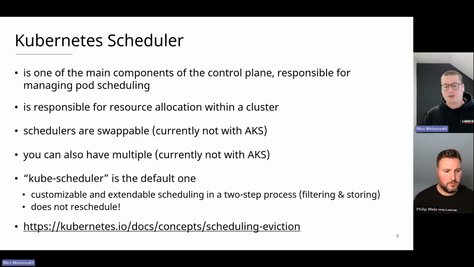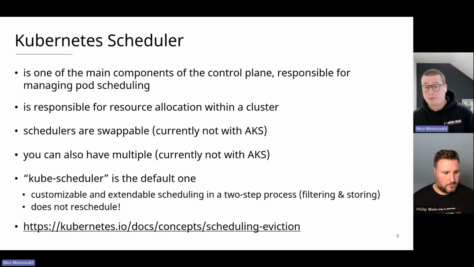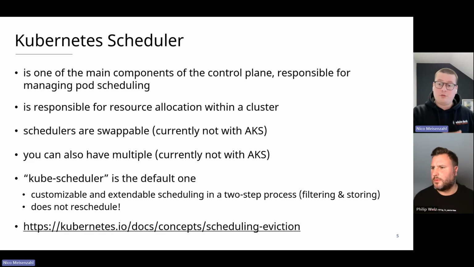The first one is about filtering: which nodes are available, which nodes have enough resources available, based on the resource requests you provide in your deployment, for example. Then there are more complex scenarios like labels, tolerations, and so on. We will talk about this on the next slide, which is the second part, the so-called scoring process.